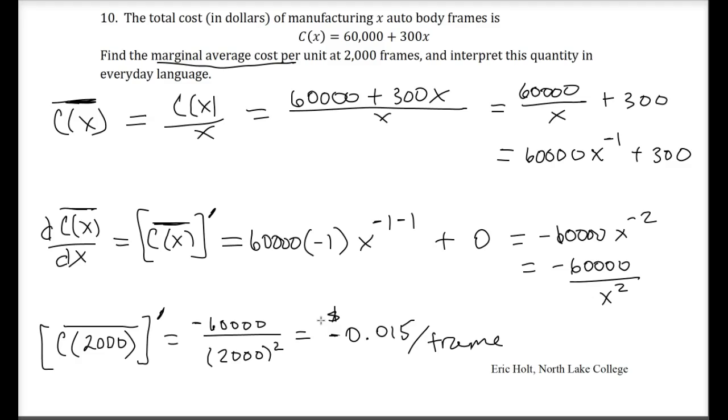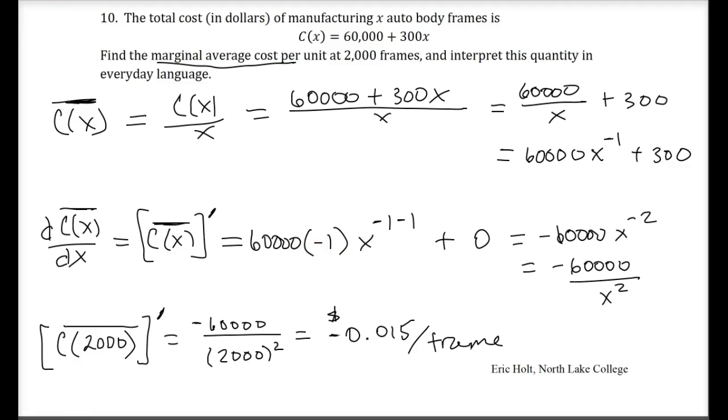So for this example, at 2,000 frames, for whatever reason they have to make it, so they need to know how much our cost is going up or down when we make that many frames within a particular production cycle or time period. Okay, so that is the way you do this problem, as well as the context behind it.